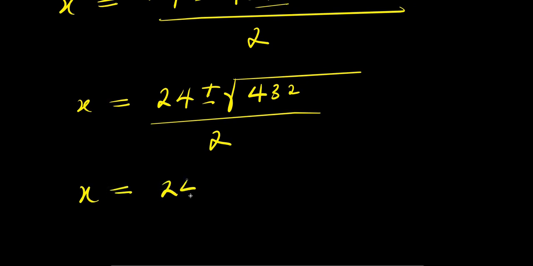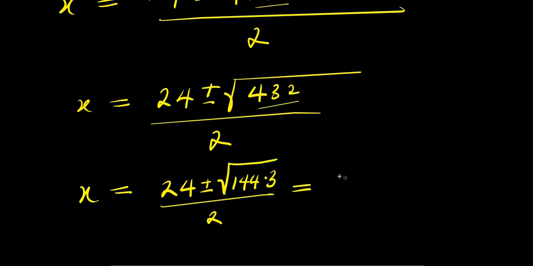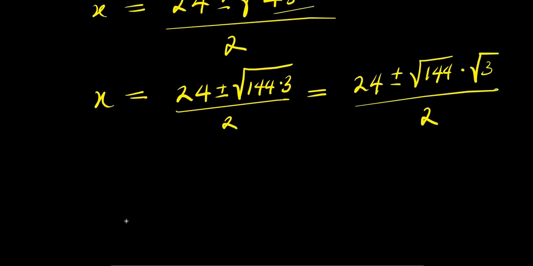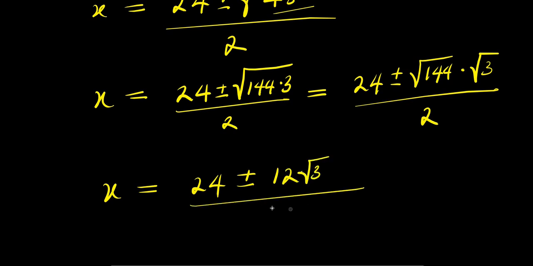So from here, we have x equals 24 plus or minus square root of 432, which is the same thing as having 144 times 3, divided by 2. This is 24 plus or minus square root of 144 times square root of 3, divided by 2. So from here, we have 24 plus or minus 12 times root 3, divided by 2.